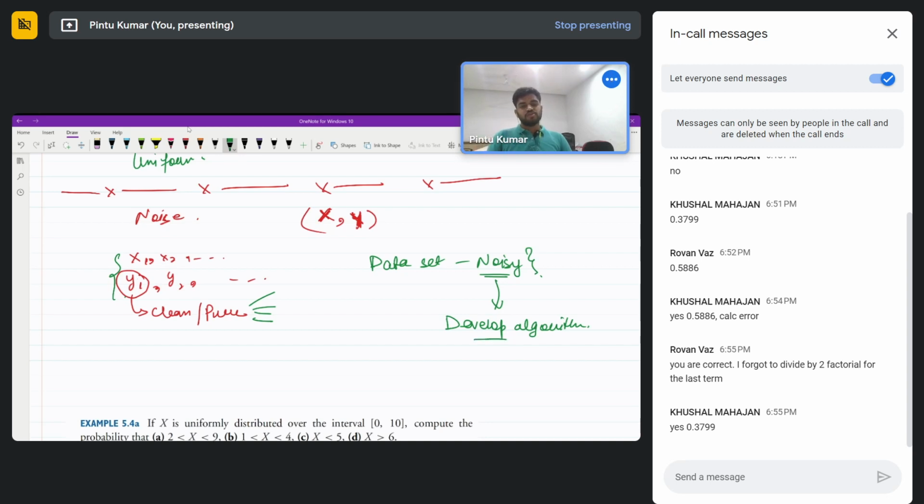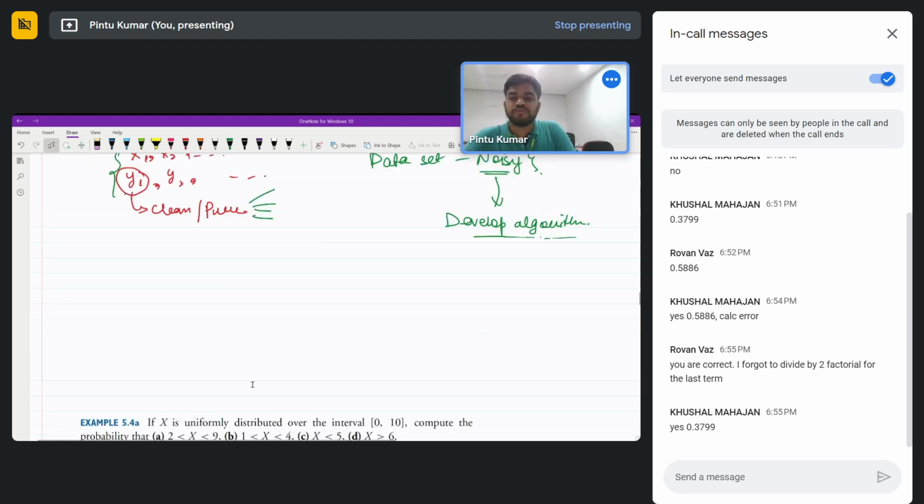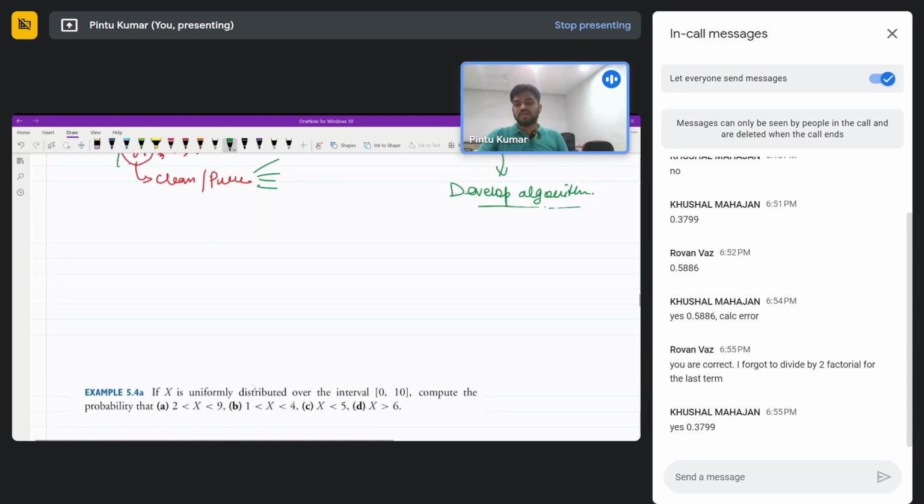The example that I'm going to give you is related to a particular model of noise, which is known as symmetric label noise. If you get some data from a real life scenario, you don't know whether that data is noisy or clean.